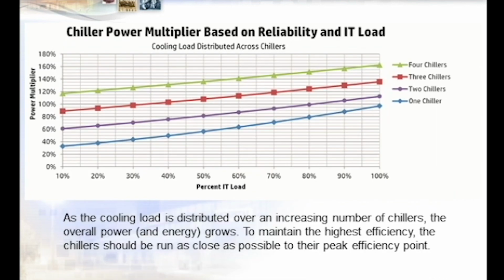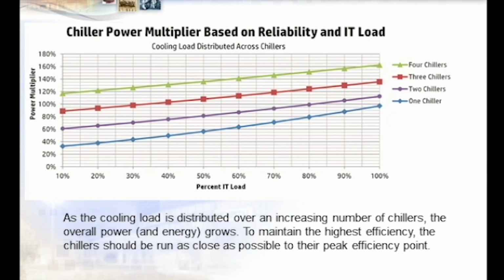Going over to the cooling side, when we look at a chiller plant, we understand that each chiller will have a different loading and unloading curve, and will have different efficiency points throughout the span of cooling load. And when we build in redundancy and add multiple chillers, each one of the chillers, depending on the sequence, depending on how it's run, may use a little more energy over the span of the different chiller types.